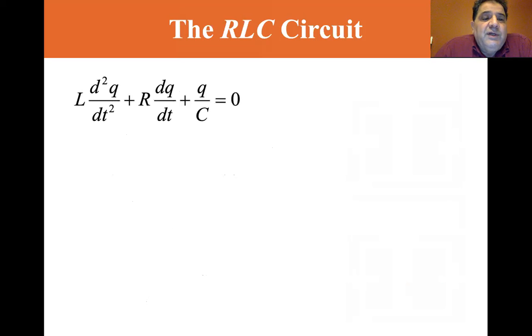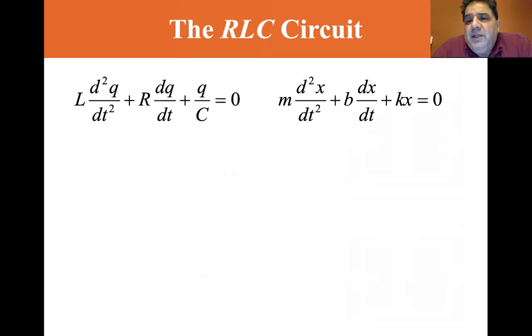Now, this equation is similar to the equation for a damped oscillation, where m is the mass, x is the position, b is the damping constant, the damping coefficient, and k is the spring constant. So we're relating these.